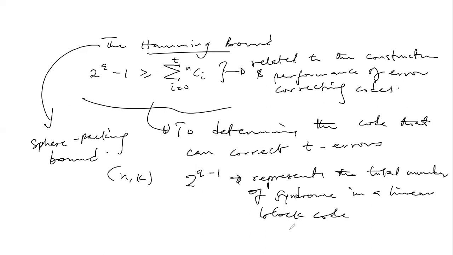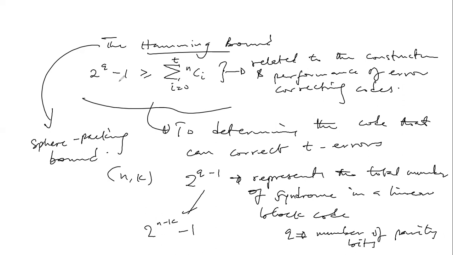Here we know that q is the same as the number of parity bits. So 2 to the power of n minus k, minus 1, is the total number of syndromes in that linear block code.